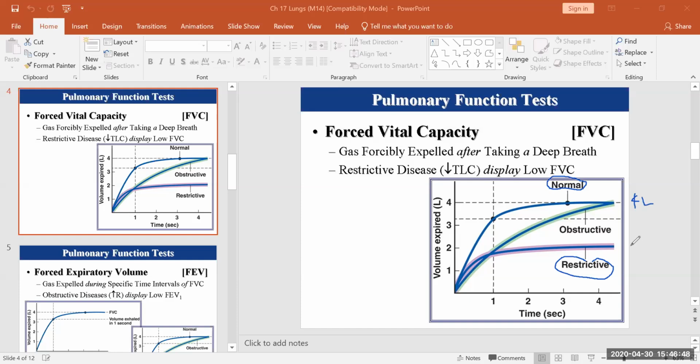This is around 2 liters. You see this line versus this line, you clearly see a drop in the volume being breathed out. So it shows you a restrictive condition: a decrease in TLC, total lung capacity, displaying low FVC, forced vital capacity. You see that, for example, in pulmonary fibrosis.